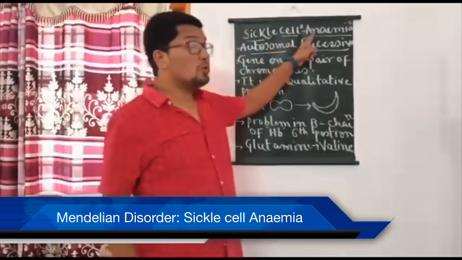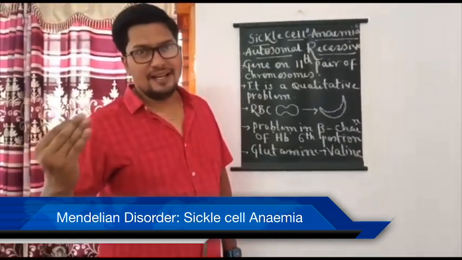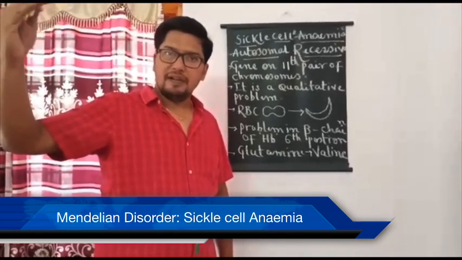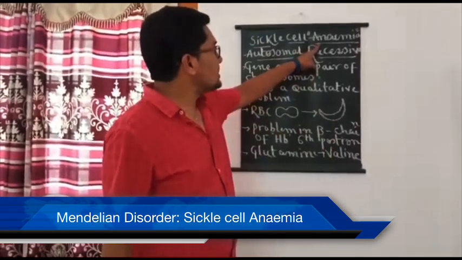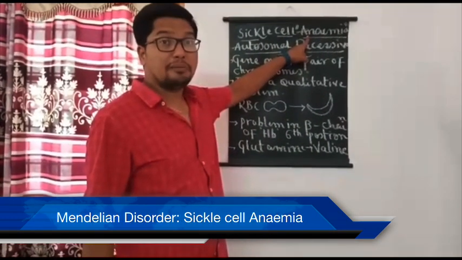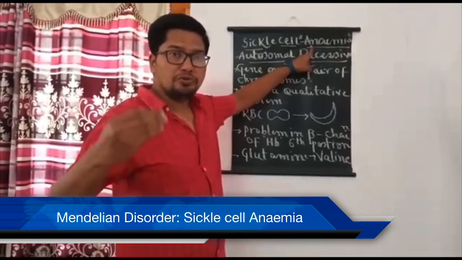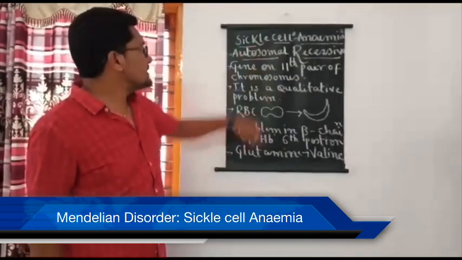Whenever hemoglobin content or quality decreases, oxygen carrying capacity also decreases, and whenever body tissues receive less oxygen than normal, that condition is usually called anemia. This anemia is caused due to various reasons, and today we discuss sickle cell anemia.